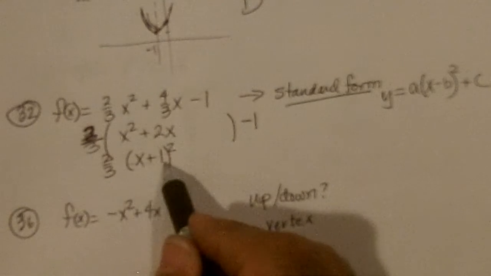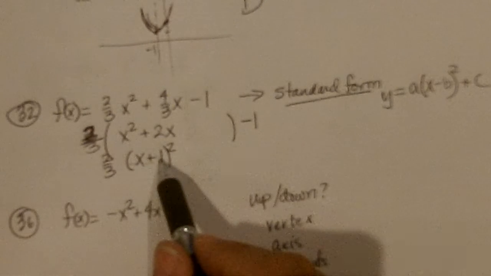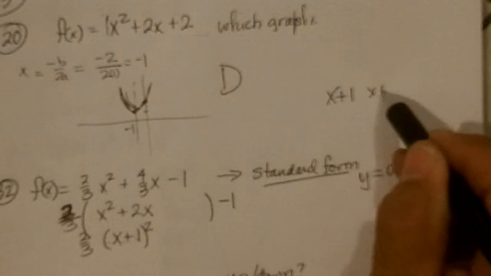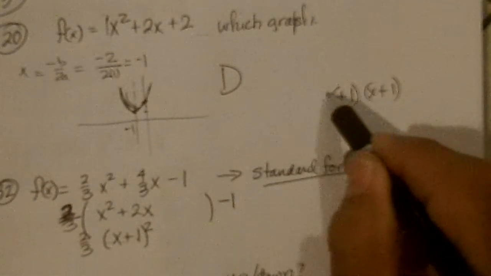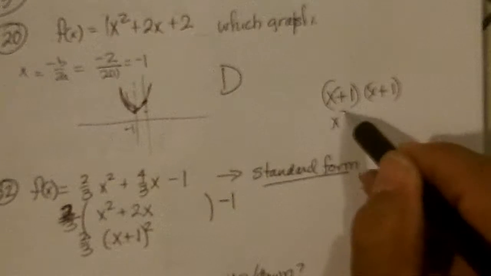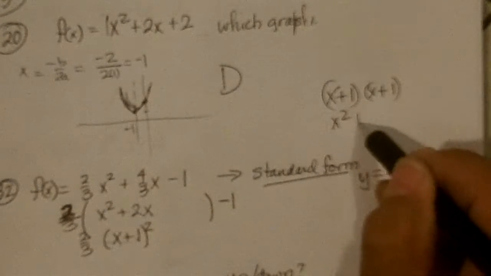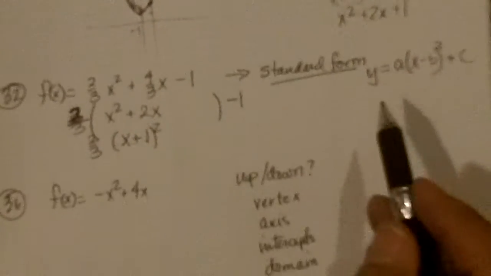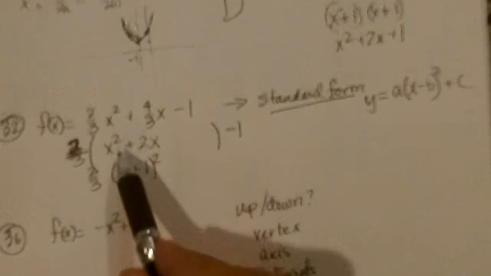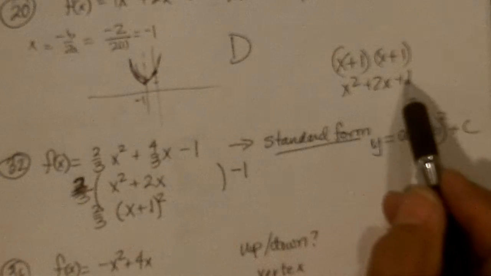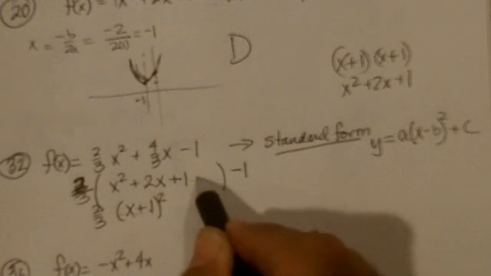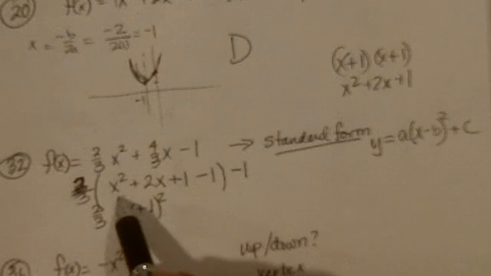But this x plus 1 squared, if I go up and do x plus 1 times x plus 1, I get x squared plus x plus 2x plus 1. We have the x squared plus 2x, but this has a 1 extra, so I have to put in 1 and take it out.